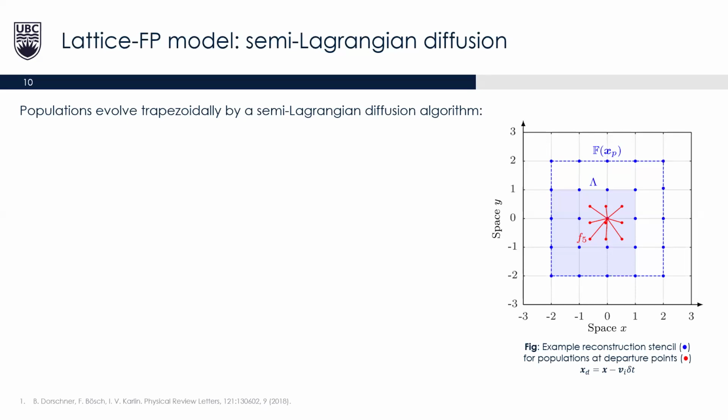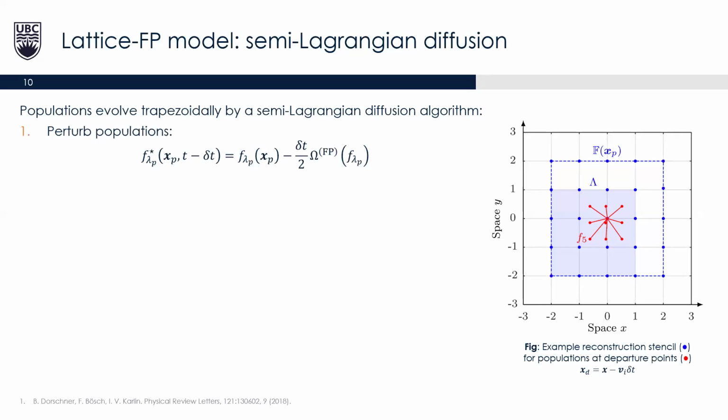In the end, what you want to do is reconstruct populations at departure points. And throughout their streaming from an off-lattice site to a current node that you're trying to update through the Fokker-Planck equation, you need to reconstruct from the surrounding grid. So you need some iterative procedure to use a reconstruction stencil to correctly solve or predict these populations.